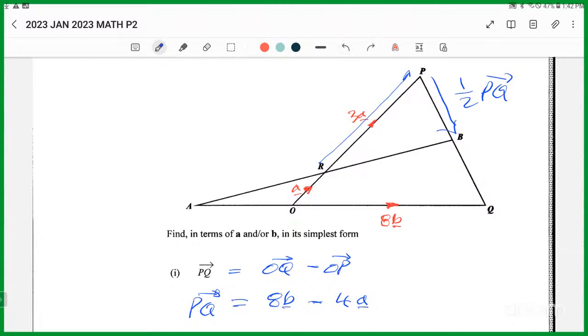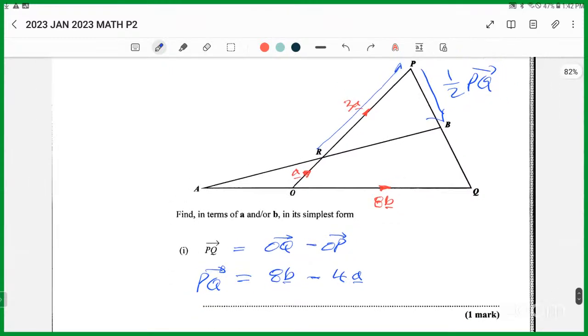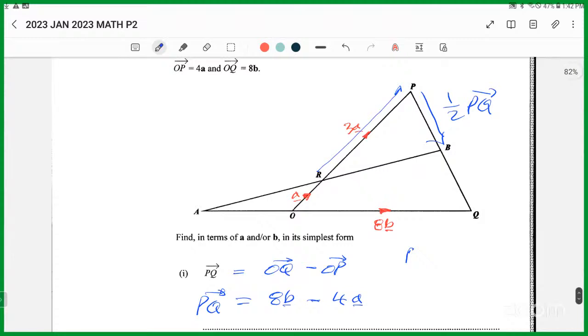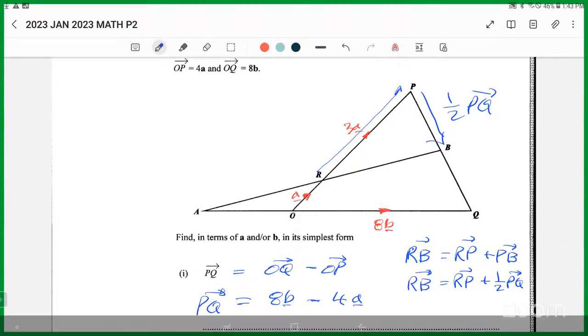So R to B is R to P, and then P to B. The PB is half of PQ, so it becomes RP plus half of PQ. That gives us RB. All right?